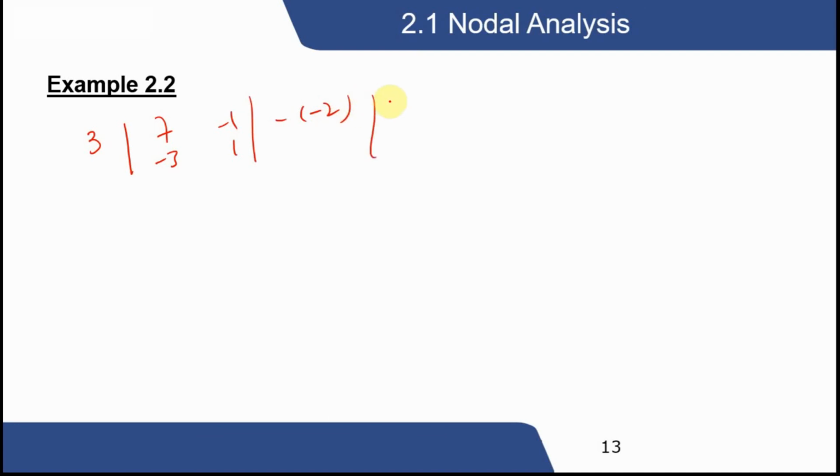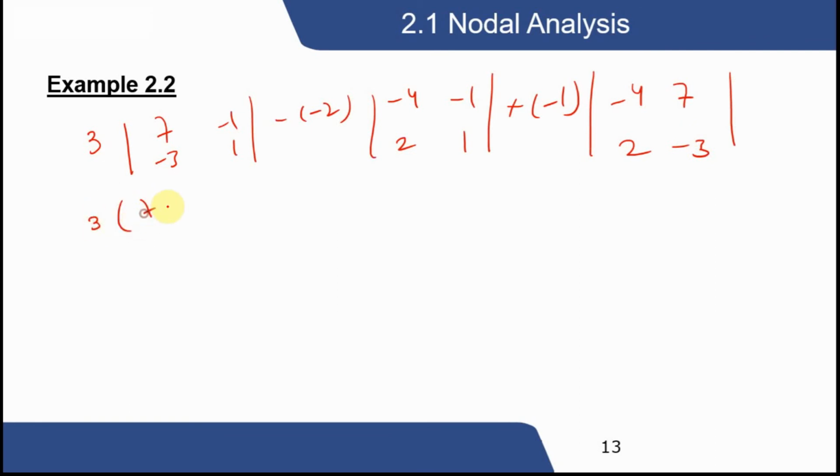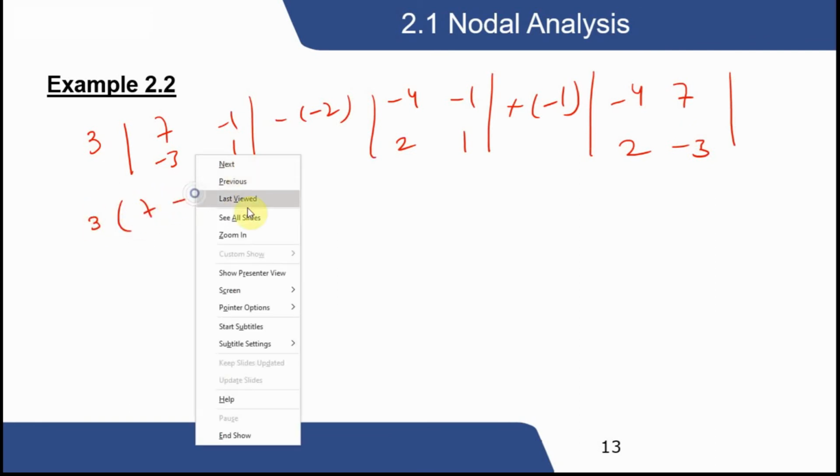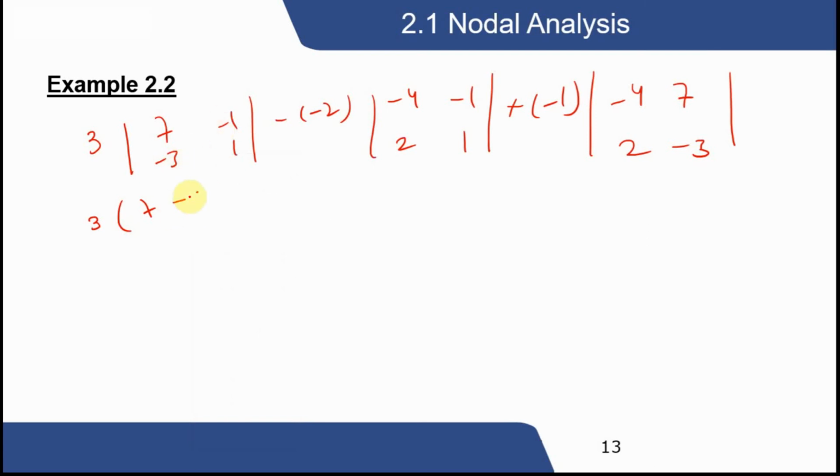minus 2, minus 4, minus 1, 2, 1, then plus minus 1, minus 4, 7, 2, minus 3. So we have 3 times 7 into 7, and the signs alternate, so it becomes 3 minus 3, minus plus 2, minus 4, minus plus 2, then minus 1 plus 12 minus 14.